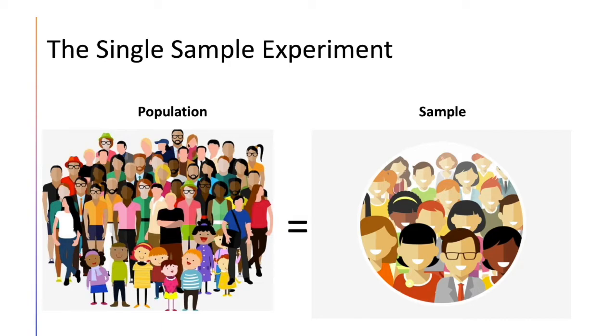The population and the sample are the same, not just on one thing, but through random assignment, or rather random selection, to be more precise, it should be equal on all things. Ethnicity, age, height, weight, political party, favorite ice cream flavor, color of their car, how many cars they own. You get the idea. All of those variables should translate from the population to the sample. That's what random sampling is meant to do.